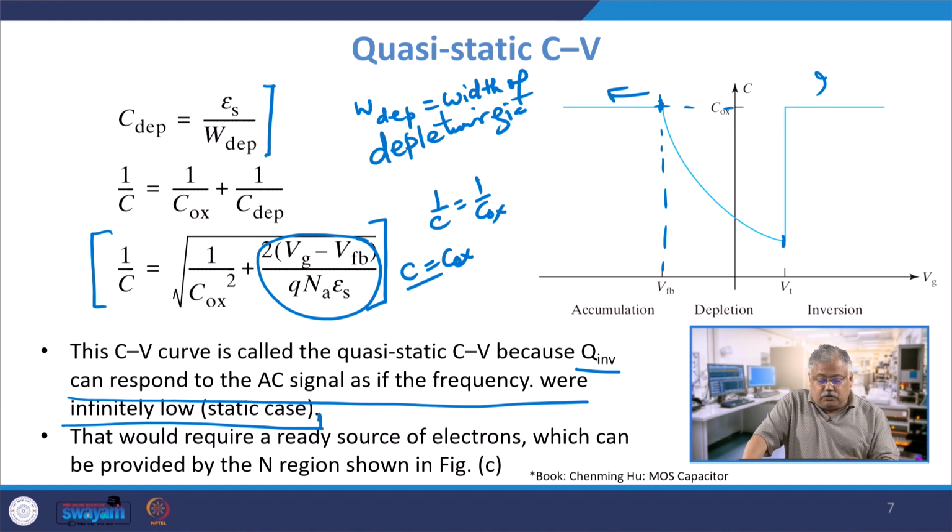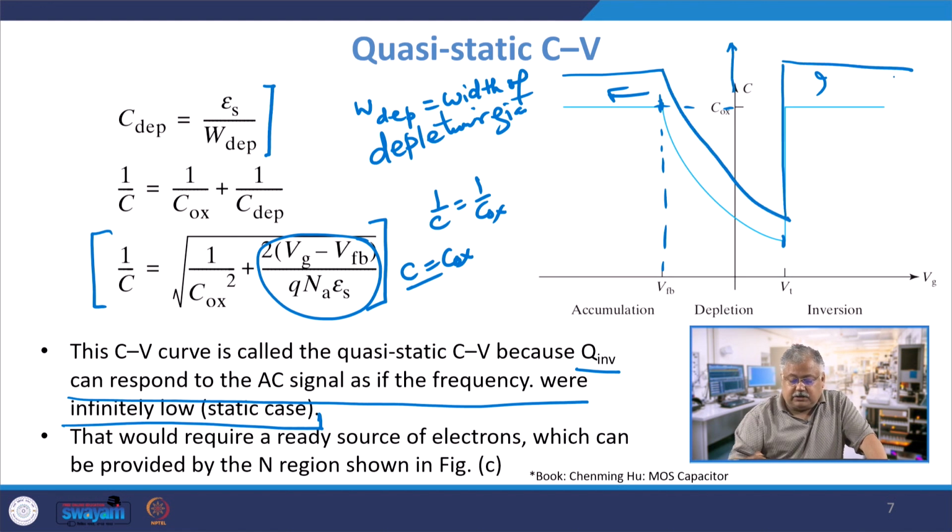One more thing to note here is that if your oxide thickness reduces, then your C ox increases, which means that if this whole CV graph is replicated at a higher C ox, the graph will shift towards higher capacitance. Lower T ox means your C ox is higher, and therefore your capacitance shifts to the top.